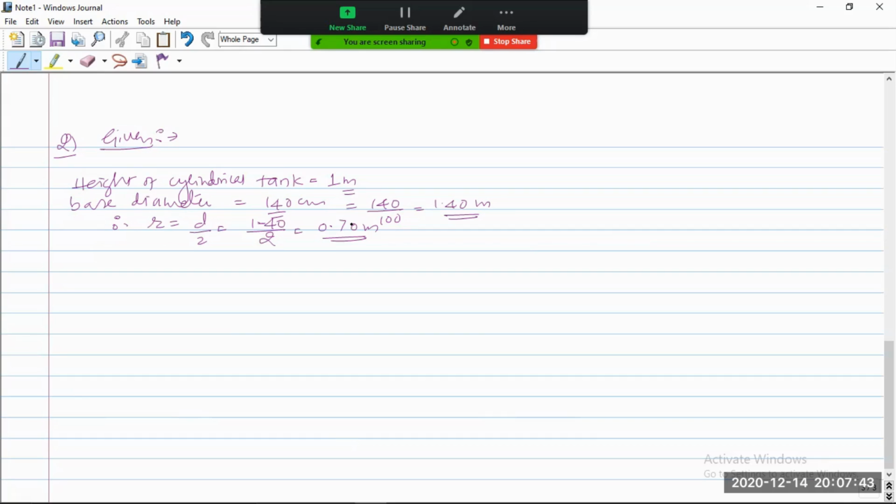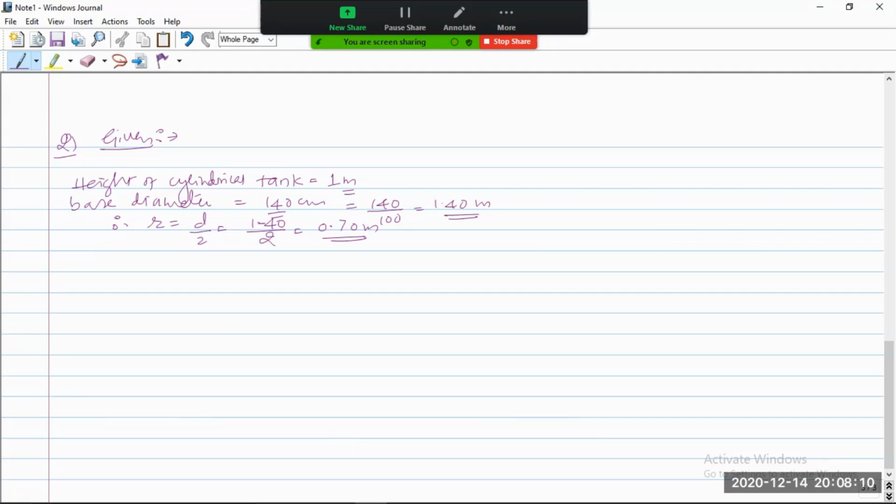Now the question is, how many square meters of such metal sheet are required for the tank? Read the question very carefully. It is required to make a closed cylindrical tank of height 1 meter and base diameter 140 centimeters from a metal sheet, and how many square meters of the sheet are required.